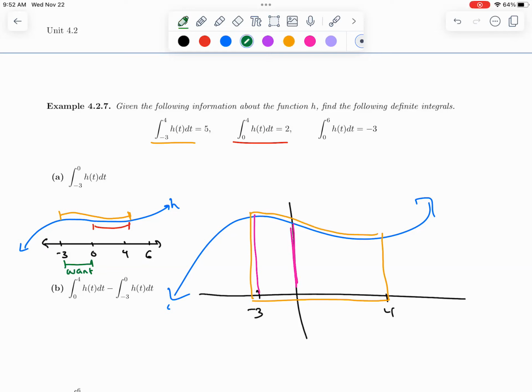And we know the area of, sorry, I should have made this in green, not pink. We want this piece. We know the orange and we know the red. You can also draw a big picture like this if it helps you visualize it better. Some people do it this way, but if you took the entire orange and subtracted off the red, you'd get the green, which is what we want.